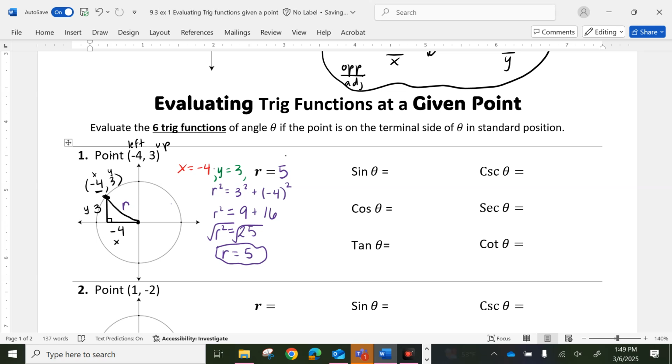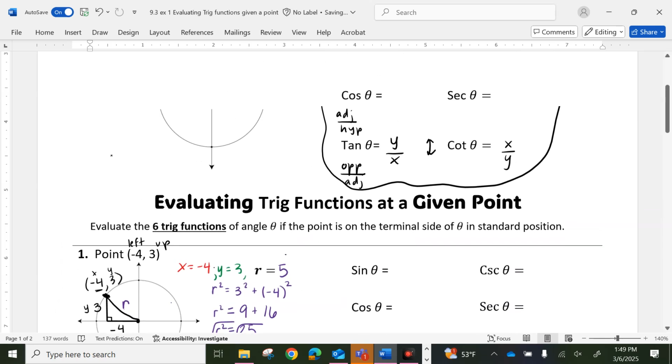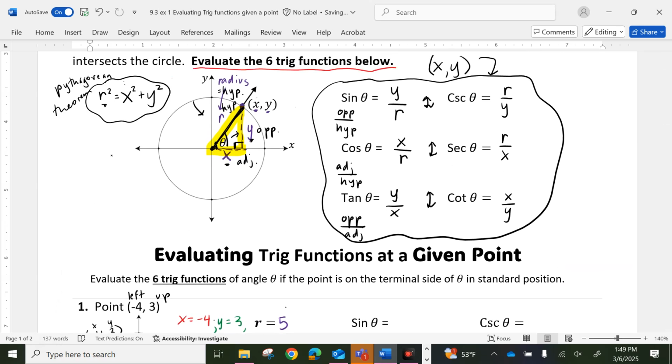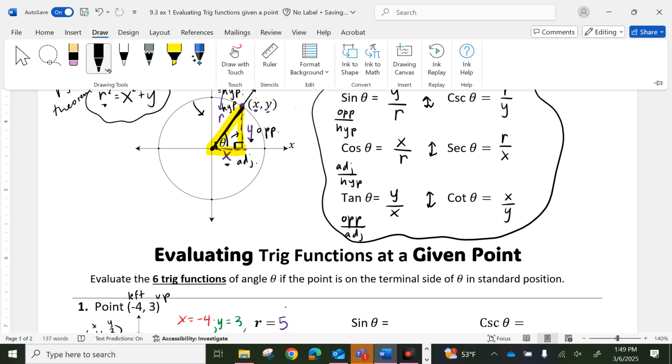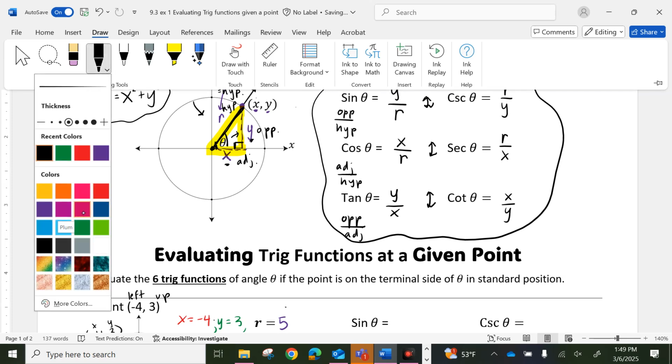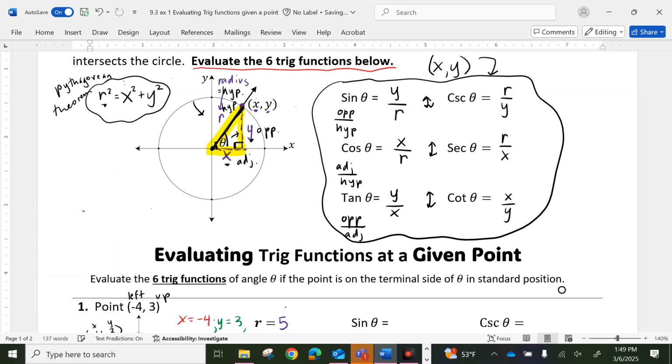So it looks like sine of theta is equal to, sorry if my changing of color is bothering you. Can't decide. Okay. So it looks like sine of theta is y over r. So we'll go back down. Sorry guys, I'm trying a new thing.